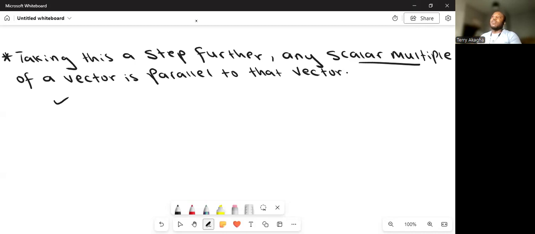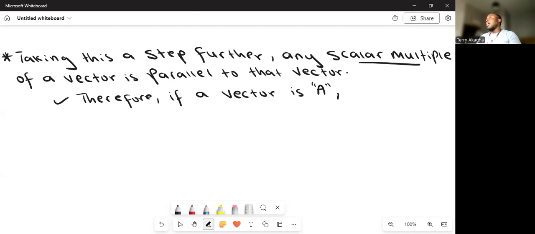So for instance, if you have a vector A, then vector KA, where K is the constant multiple, is parallel to A.